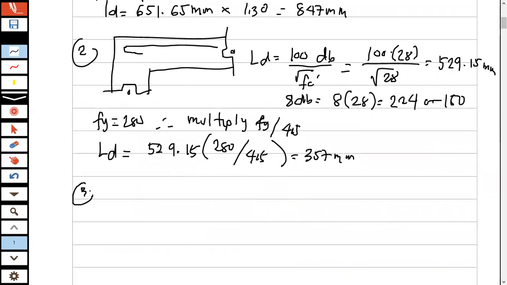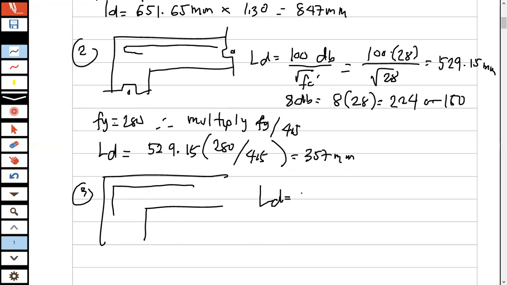So, the same pa rin, pero yung if you are going to decide with this 90 degrees hook, so the same formula. LD, actually 100 times 28 divide the square root of 28 is 529.15.